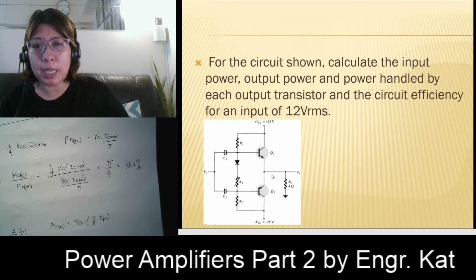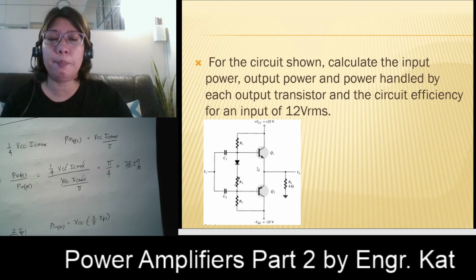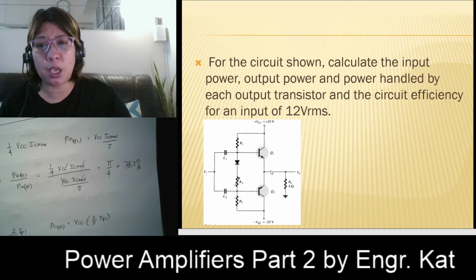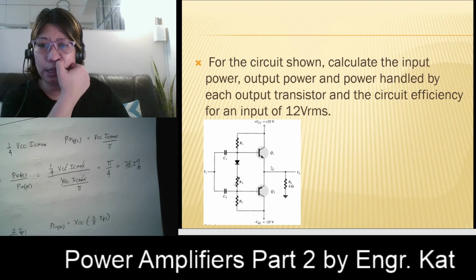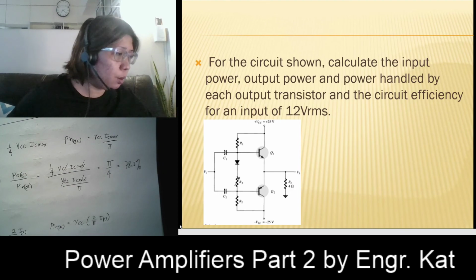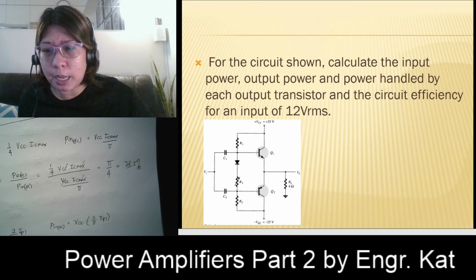In this case, we didn't use the balanced amplifier because we don't have any transformers here, but we use two complementary transistors, one NPN and one PNP transistor.